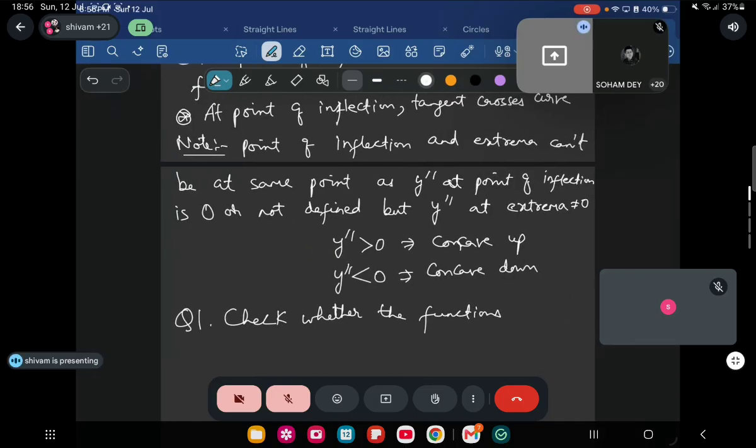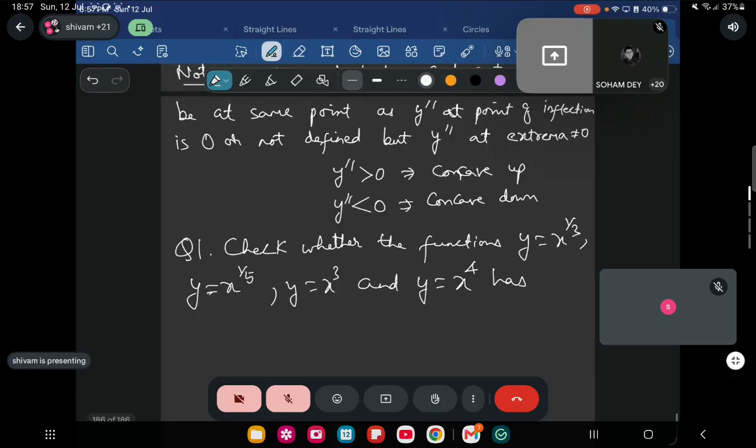Check whether the functions y equal to x to the power 1 by 3, y equal to x to the power 1 by 5, y equal to x cube, and y equal to x to the power 4 have an inflection at x equal to 0 or not.